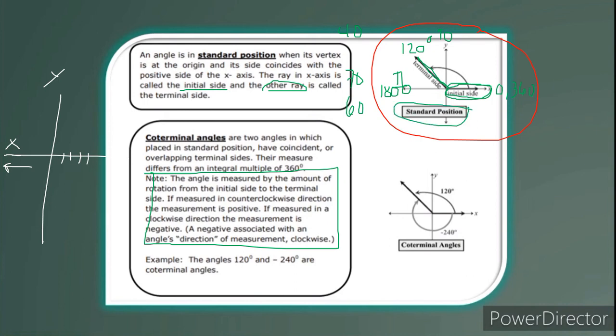Sketching or drawing a 120 degree angle in standard position, ito po yung sagot. Ulitin ko. Kapag ang tinanong, draw 120 degrees in standard position, the answer will be yung figure number 1 natin. Hindi po natin siya pwedeng tawagin coterminal kasi yun yung susunod na pag-uusapan.